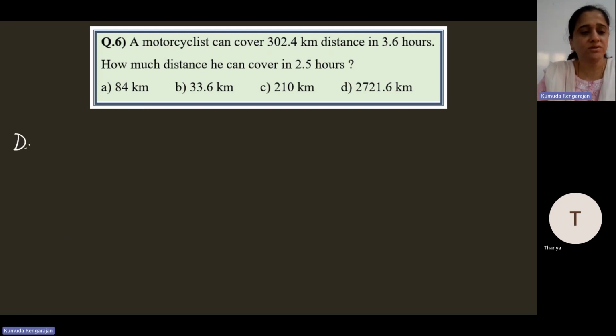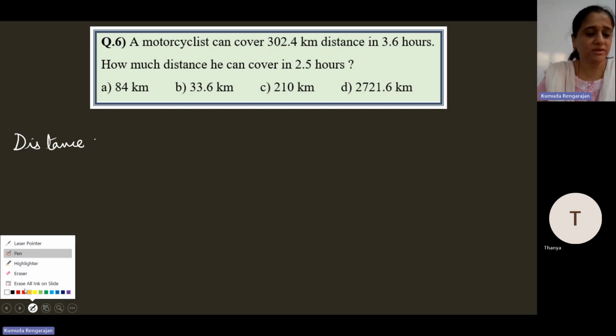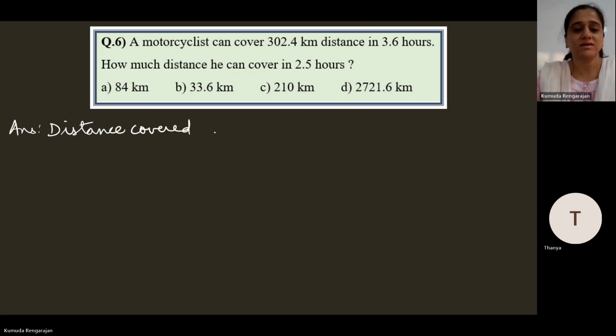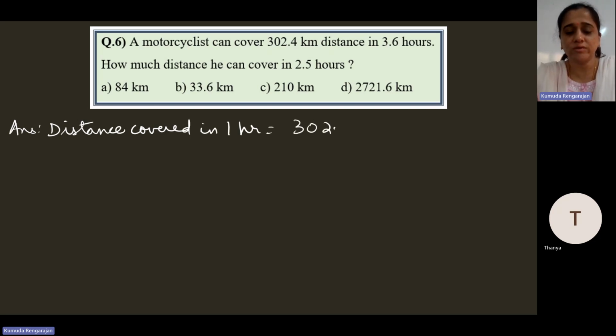Okay, so maybe you can give 2 steps like this. Not 6, I told you, I simply wrote that number. Distance covered in 1 hour is equal to 302.4 by 3.6.